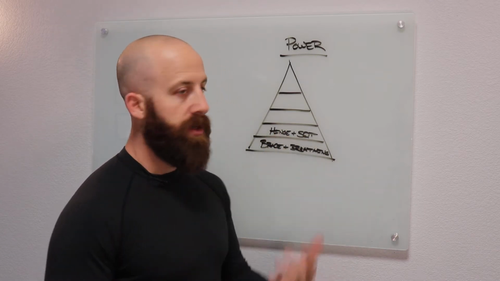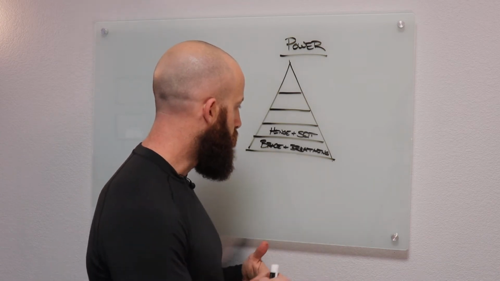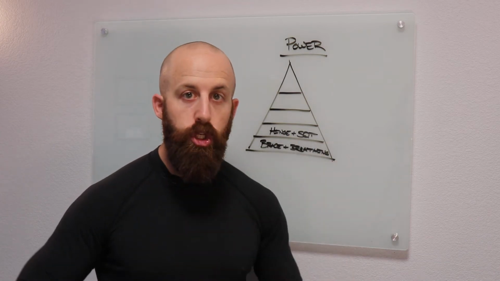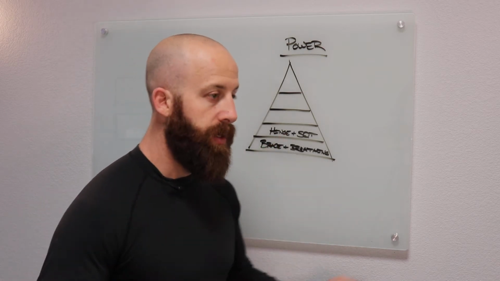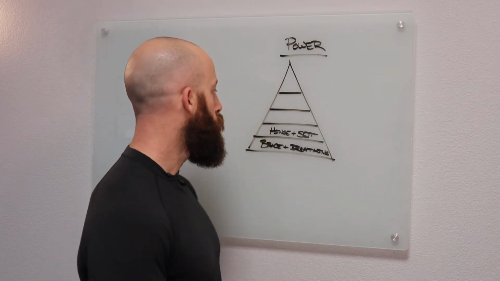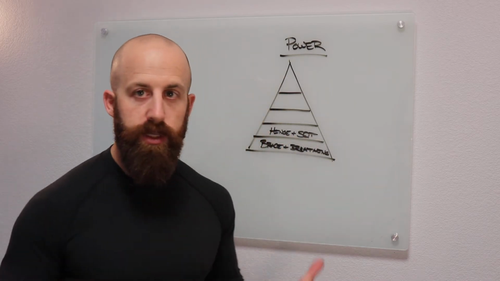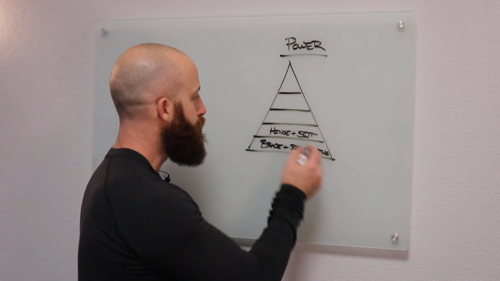However, when we're developing power, we first need to learn how to brace and breathe, then we learn hinging and squatting. For hinging, you can do deadlifts or trap bar deadlifts. There are so many different ways to hinge, and tons of different ways to squat: front squat, back squat, overhead squat.